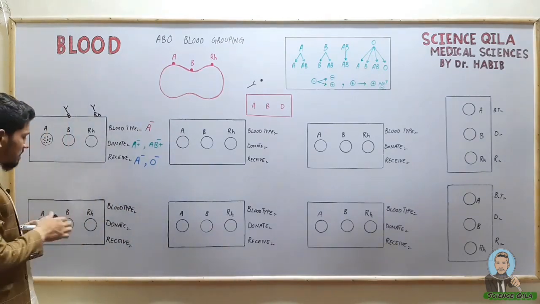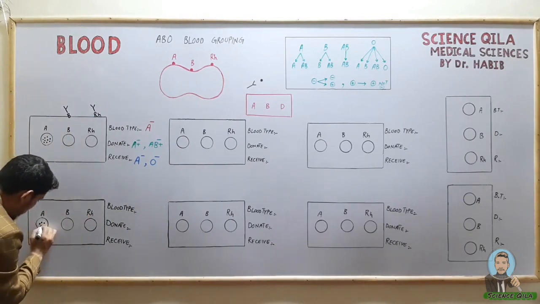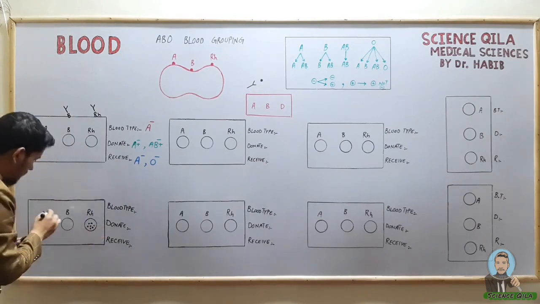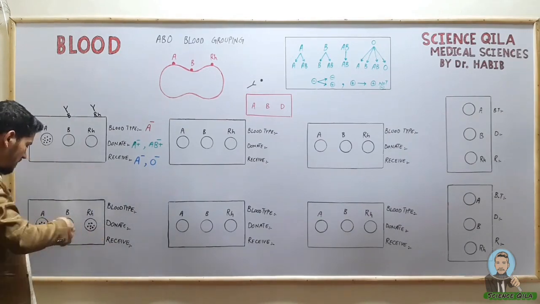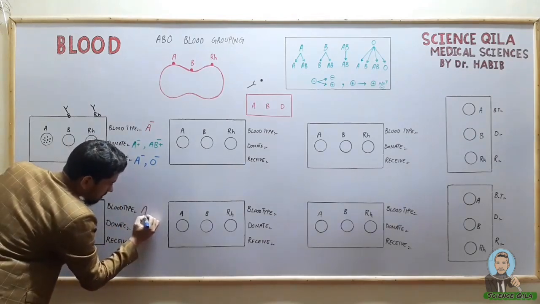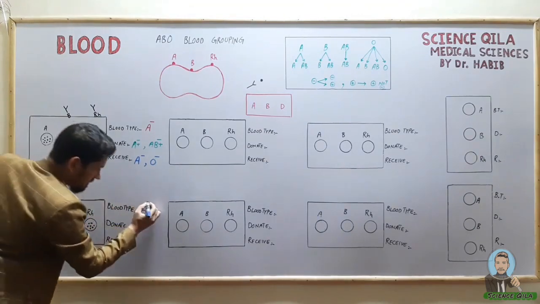This time, let's suppose there is agglutination on A and RH. It means there is A antigen on the surface, so we'll type the blood as A. And RH factor is also present. If present, it means positive.